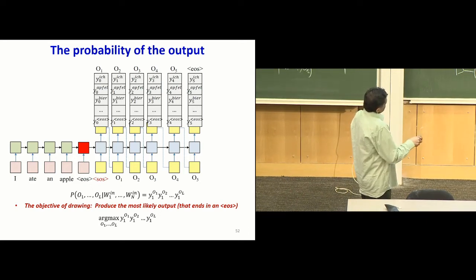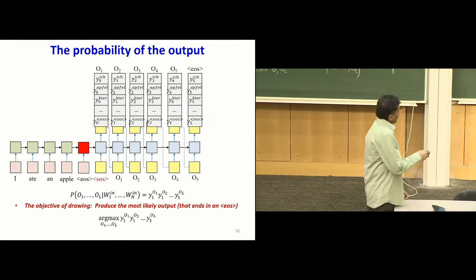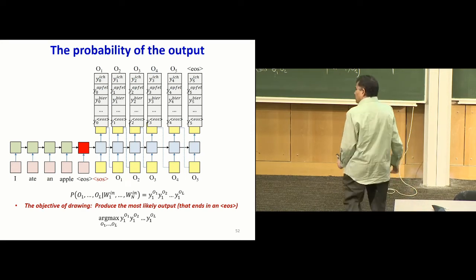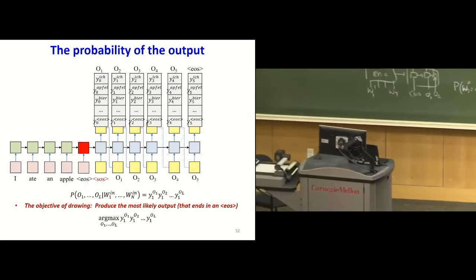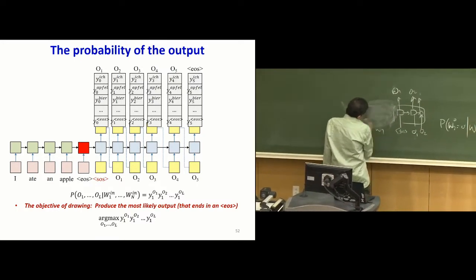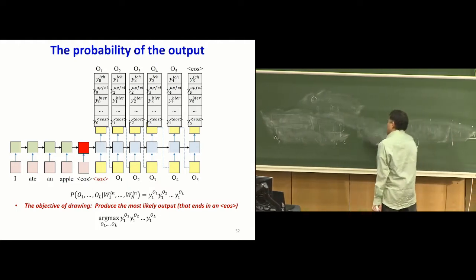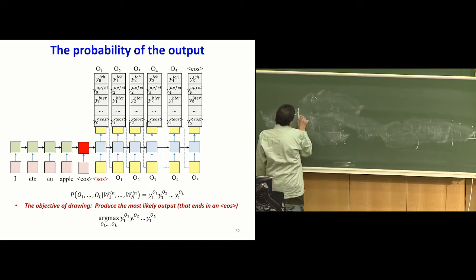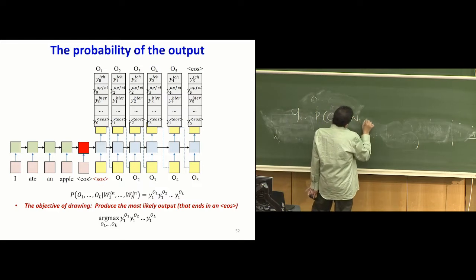Now, if I multiply all of these probabilities, what do I get? Observe that y1 is the probability of O1 given W1 through WT.